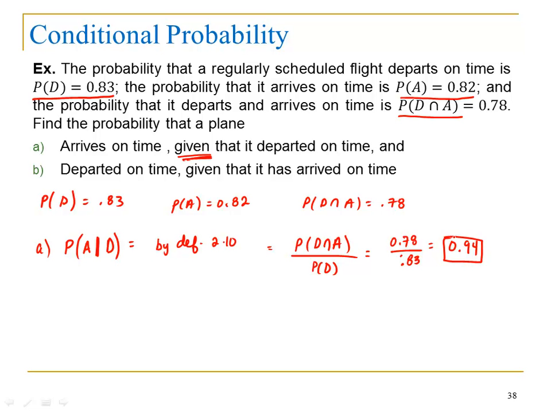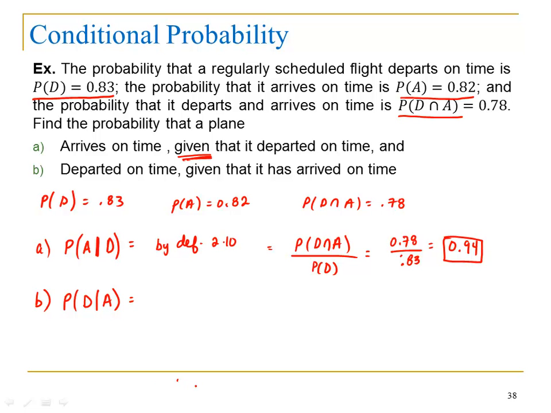Now let's look at part B. Now we're looking at the opposite. What would be the probability that the airplane departed on time given that it has arrived on time? Here we use the same notation, but in this case it is the probability of departing on time given that it has arrived on time.